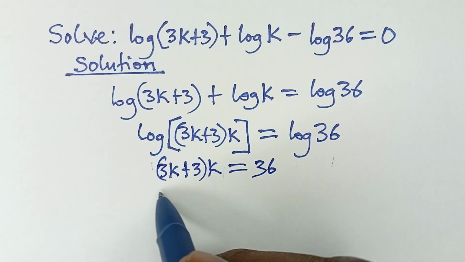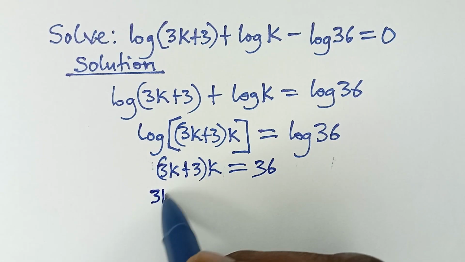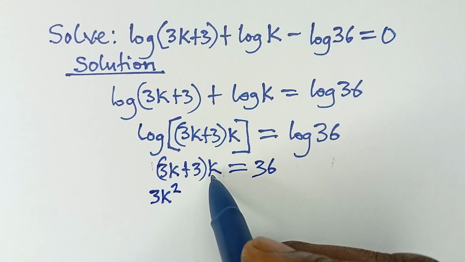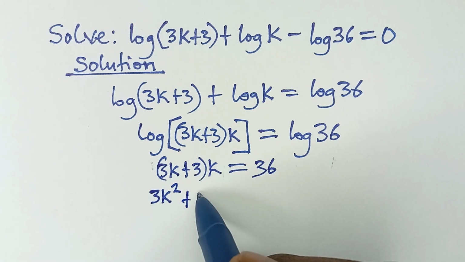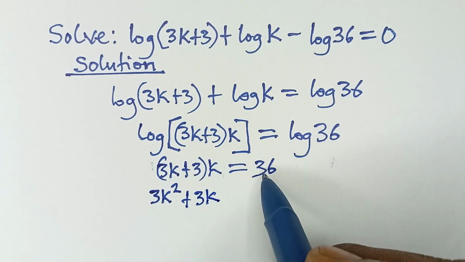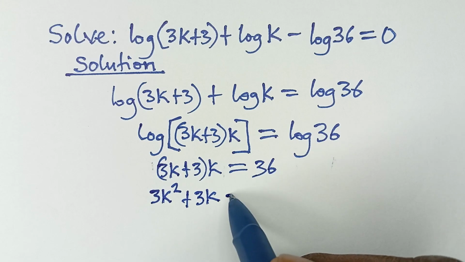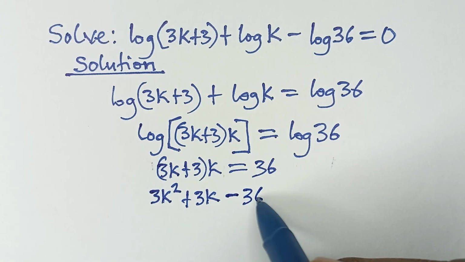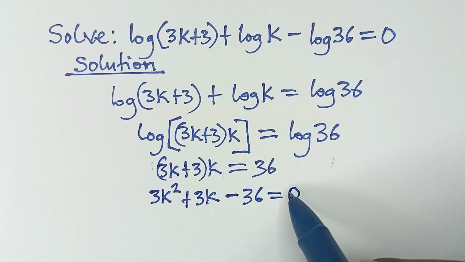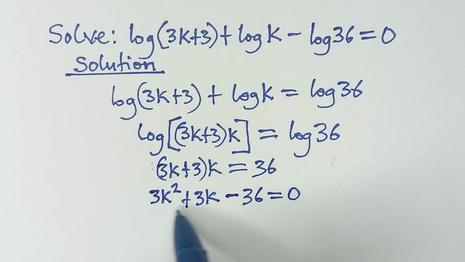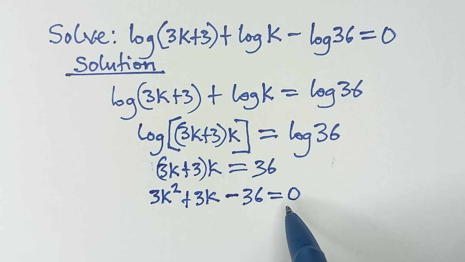So expanding this bracket, we have 3k squared, k multiplied by 3, we have plus 3k. Then this 36 coming to this side becomes negative 36, and that will be equal to 0. So if you check this equation, we can divide each term by 3 so that it can be simplified further for easier factoring.